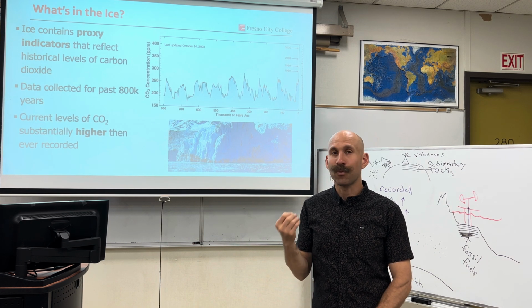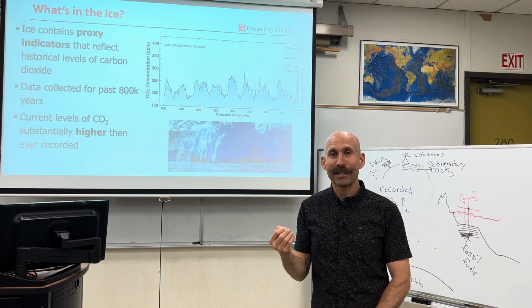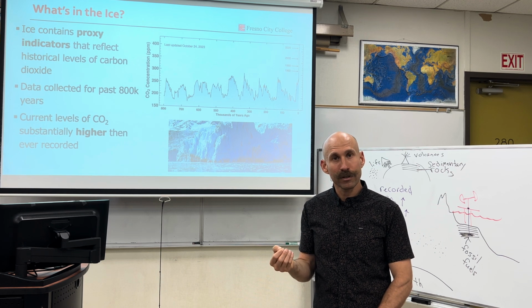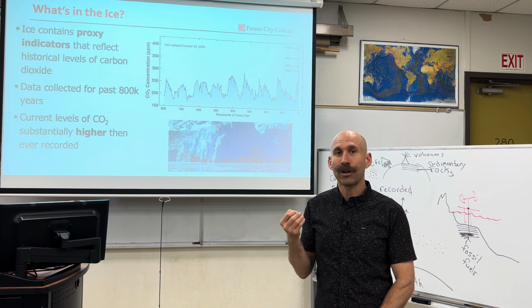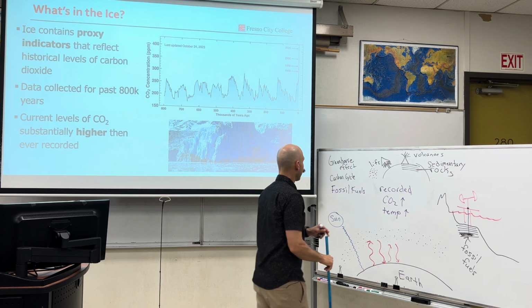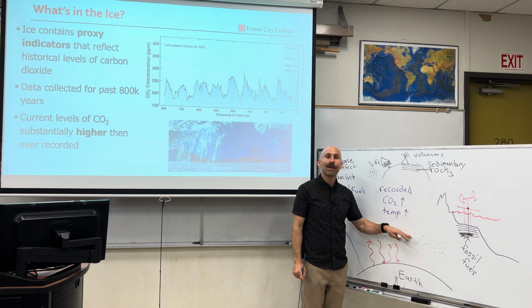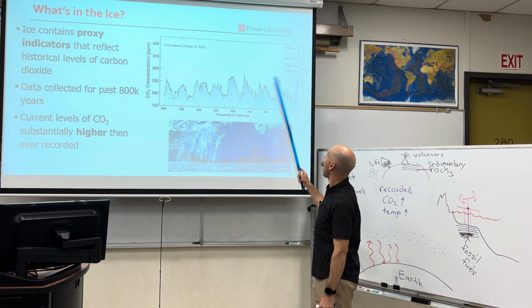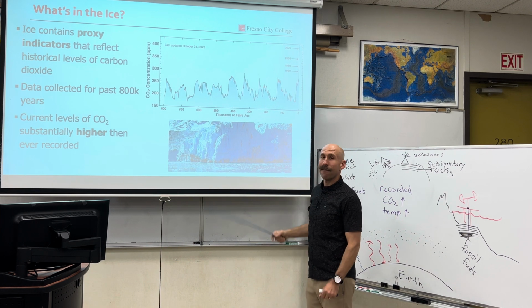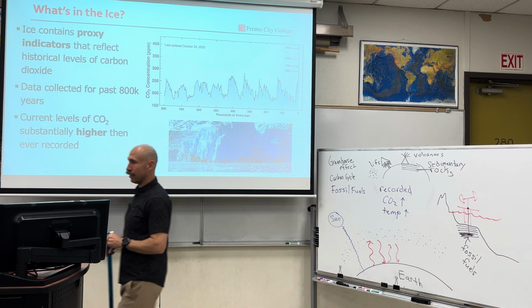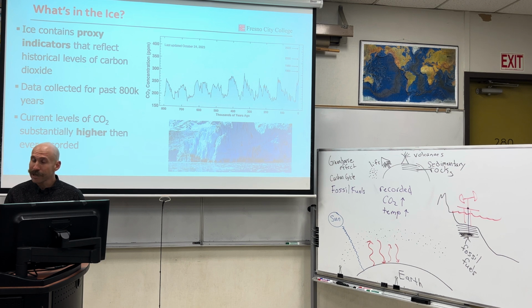This is why climate scientists and the scientific community are alarmed due to the current practices of burning fossil fuels, combusting and putting more carbon dioxide in the atmosphere than we have ever recorded through natural geologic processes. It's a big deal.